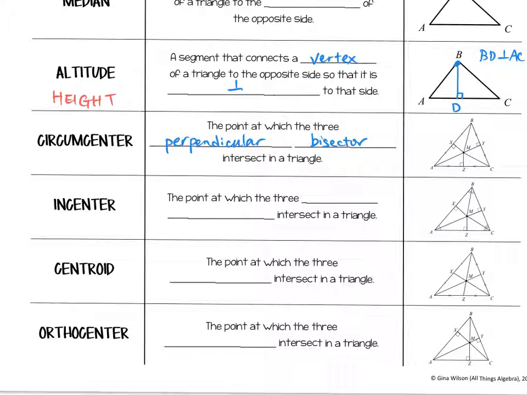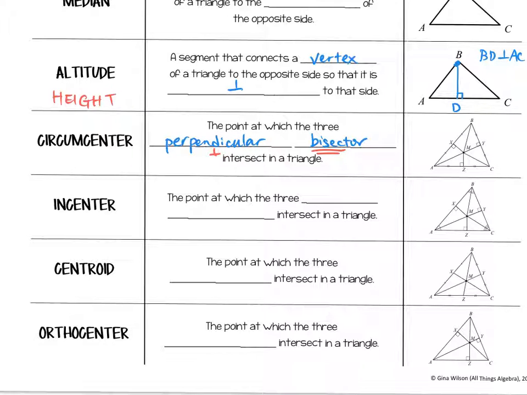So there are two conditions: one is that it's perpendicular, and another is that it bisects, meaning cutting it into two equal halves. So let's look at this.